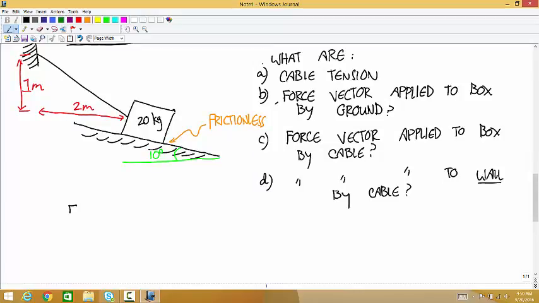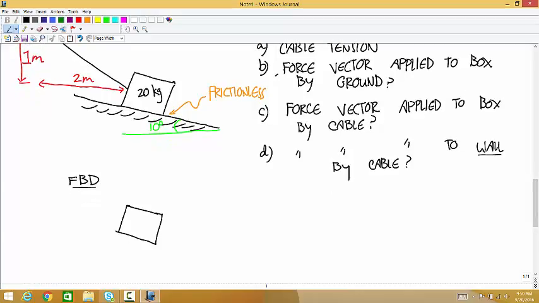The first thing we need is a free body diagram. So there's the weight. That's 20 times 9.81, 196.2.